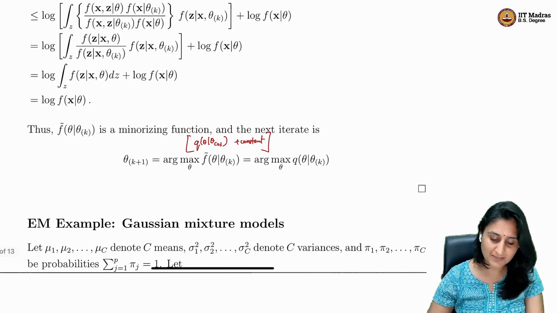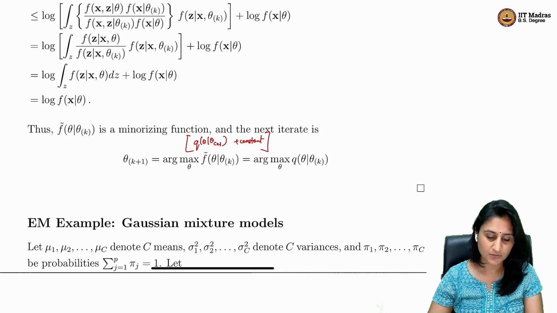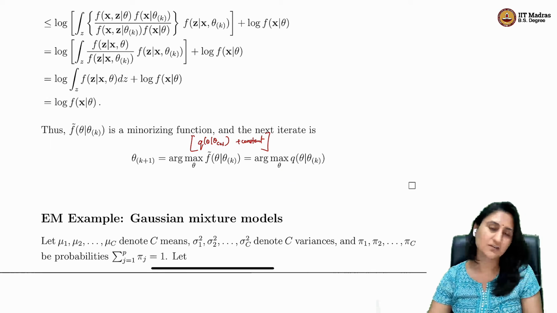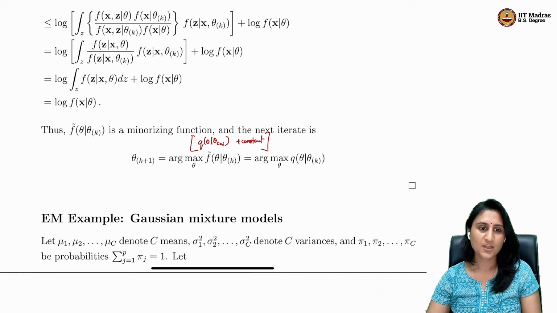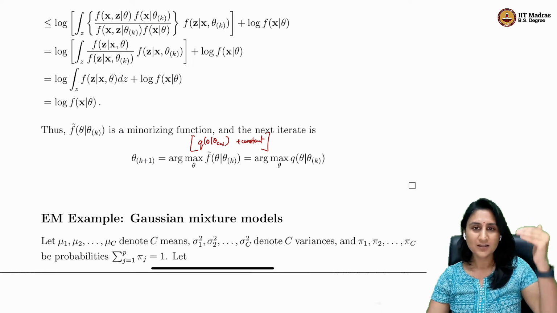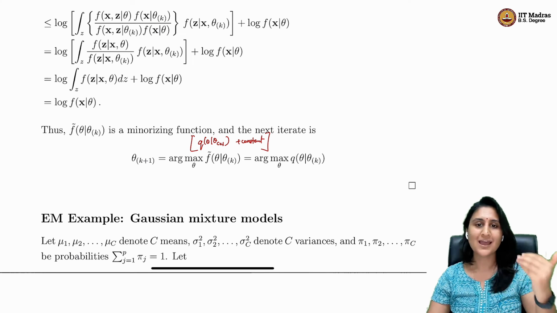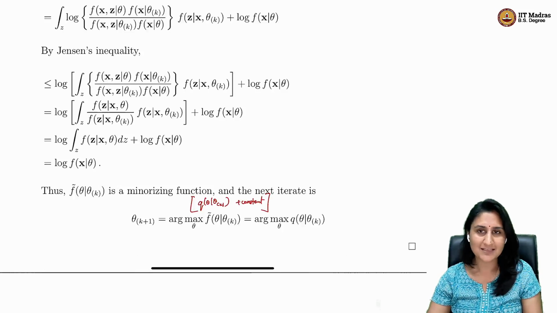So the argument that maximizes f tilde is exactly the argument that maximizes q. So theta k plus 1 can just be obtained by maximizing q of theta given theta k, which is exactly the M step of my EM algorithm. Which means that if I do the E and the M step of the EM algorithm, I'm essentially doing an MM algorithm, and hence I have the ascent property as well.